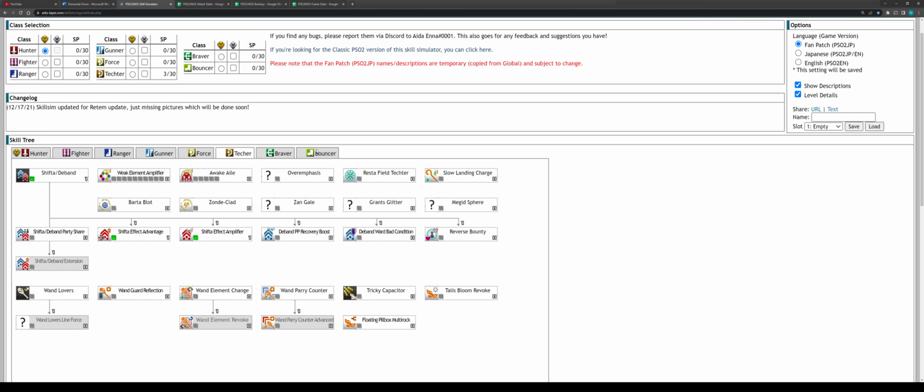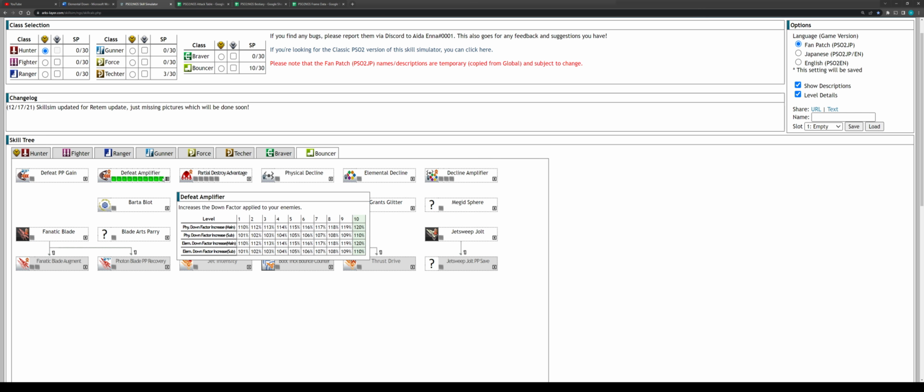This is no different to Bouncer's Defeat Amplifier, where for main class, you'll do 20% enhanced or additional physical and elemental down, and subclass 10%. So instead of 100, it's now 120 or 110, depending on whether it's main class or subclass.